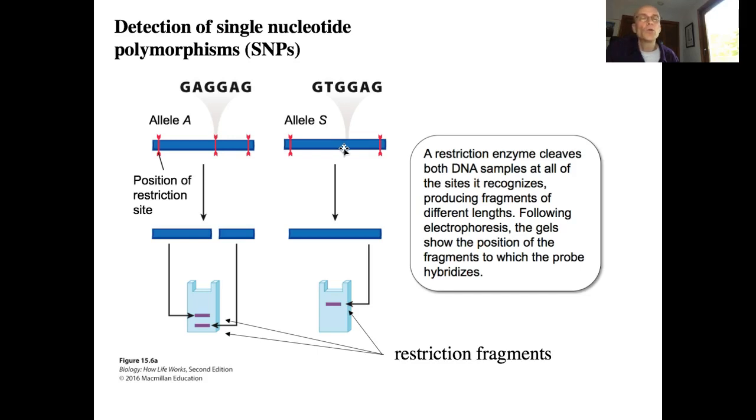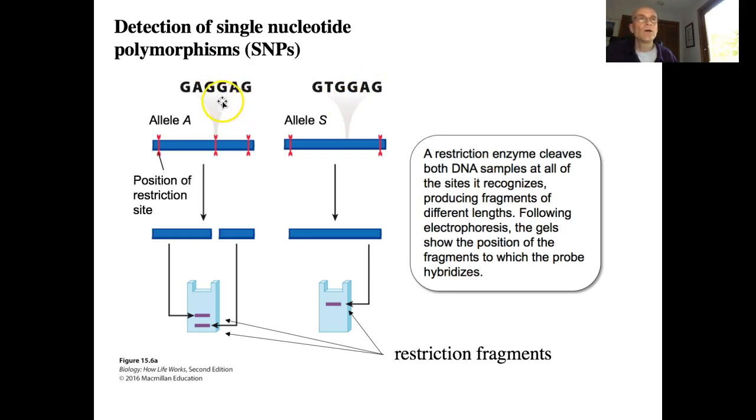So there's a whole slew of different restriction enzymes that recognize different sites, different DNA sequences. What this says here, a restriction enzyme cleaves both DNA samples at all of the sites it recognizes. And so a specific restriction enzyme only recognizes a very specific site. So let's say we have an enzyme that recognizes GAG, but it does not recognize GTG.